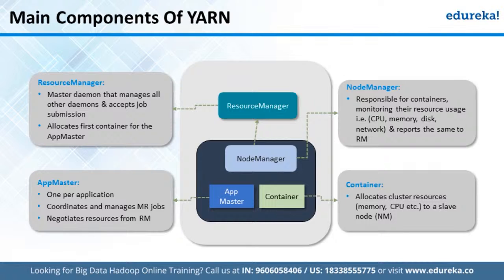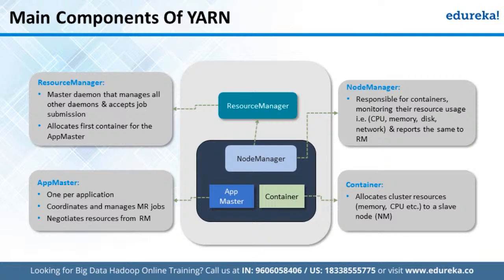The app master is one thing, because what does it do substantially? In YARN you have one app master per application. It coordinates and manages the map reduce jobs and negotiates resources from the resource manager.